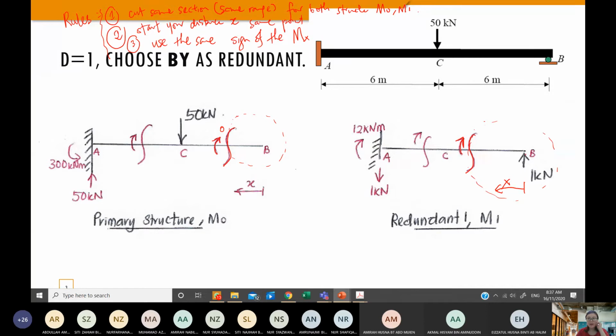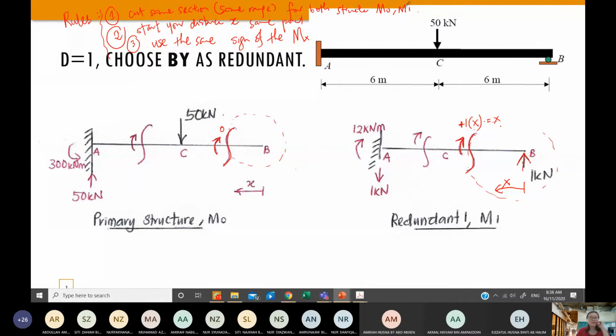So now I only have 1 kilonewton in my section. So 1 multiply X. Because this is opposite, I have a positive sign. I just put a positive here to make sure you know that I have taken note of my sign. So it is actually X, my moment here for CB.